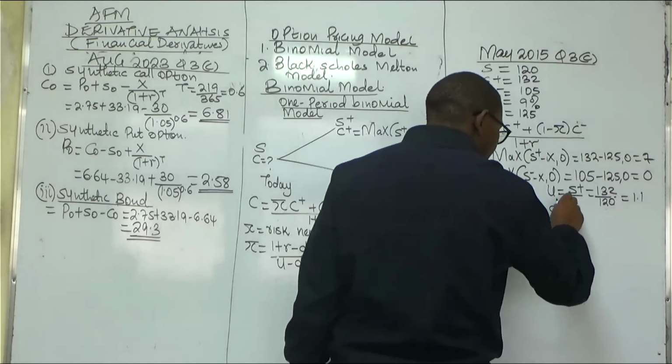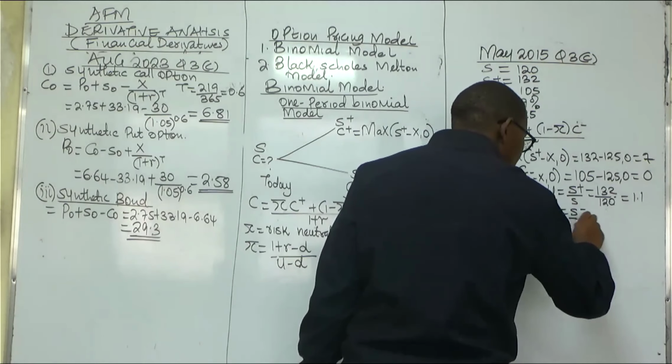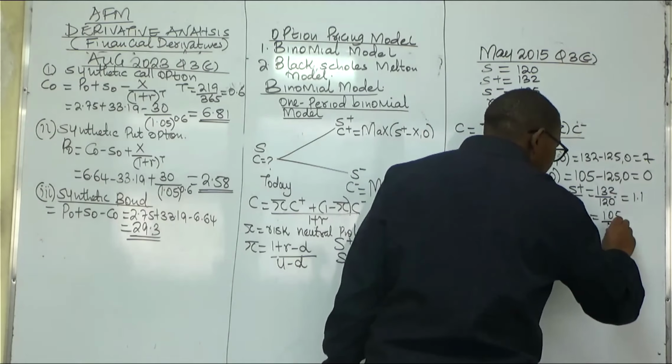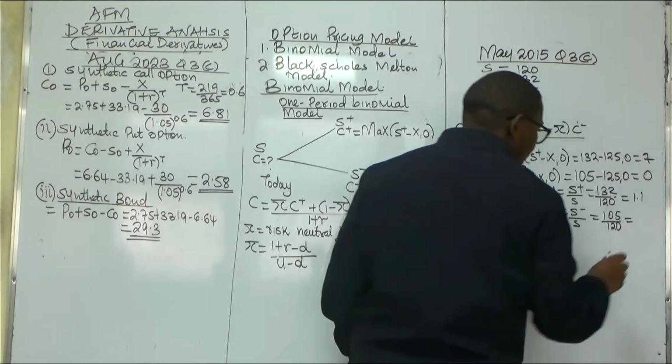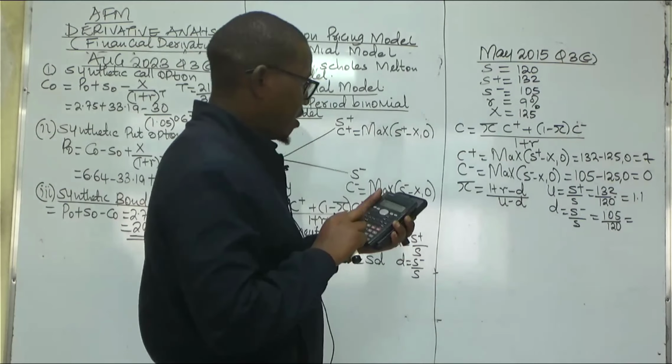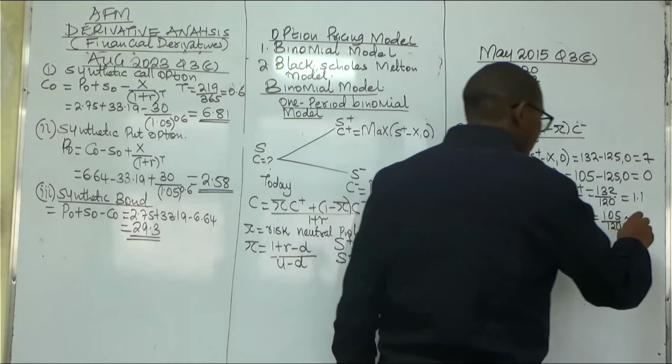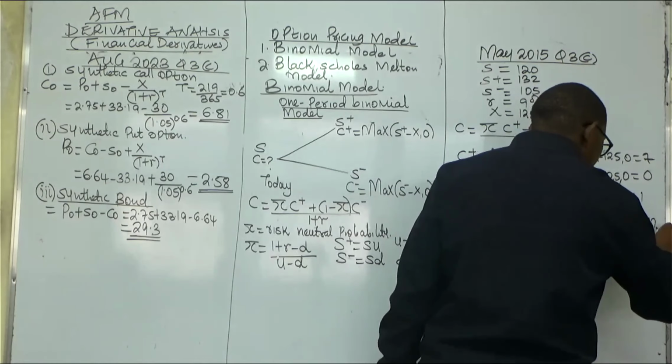This is 1.1. D should be S minus over S. This is 105 divided by 120. Should be how much? 105 divided by 120 is 0.875.